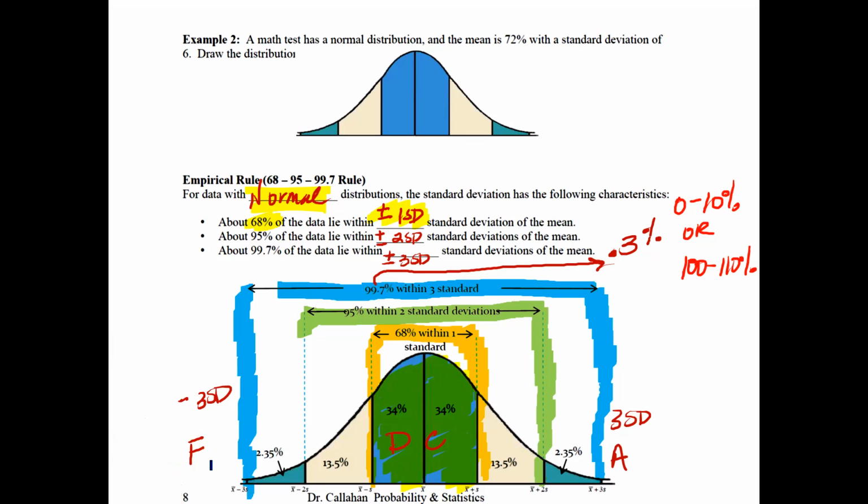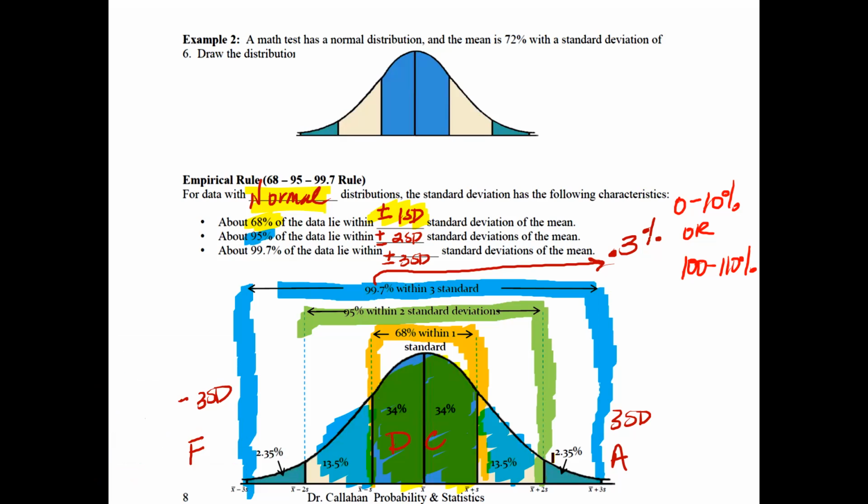The next part is always 13.5 and 13.5. That's 95%, and you're like, how do you get 95%? It's 34 plus 34 plus 13.5 plus 13.5. So 95% of the data lies within 2 standard deviations.